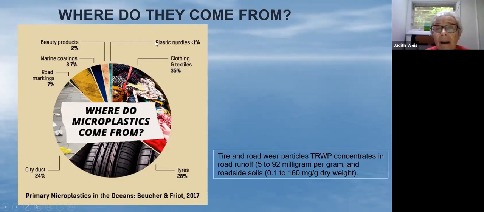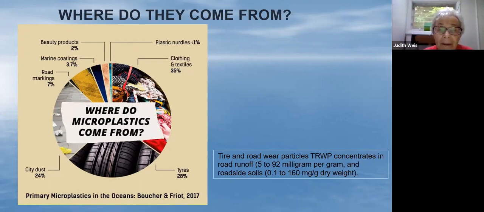Nurdles are the small beads about the size of a lentil that go into the manufacture of plastic products. They take them in order to make plastic products.